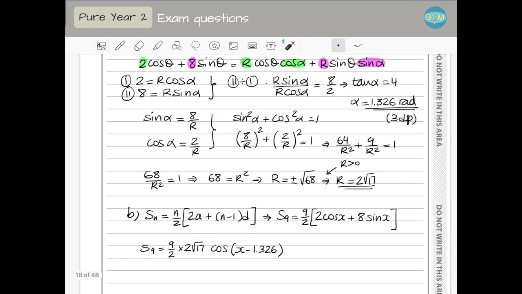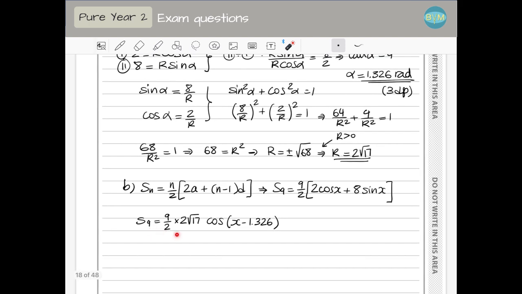Precisely that. What is the maximum? The maximum of this function is when cos is 1. Just using the fact that cos is between 1 and minus 1, the maximum value is when cos is 1. So we have 9 halves times 2 root 17, which is 9 root 17.